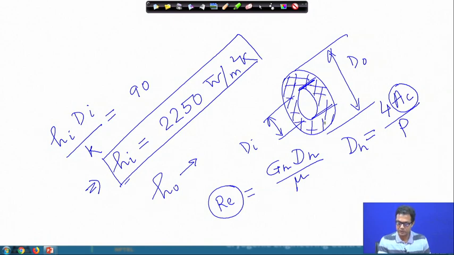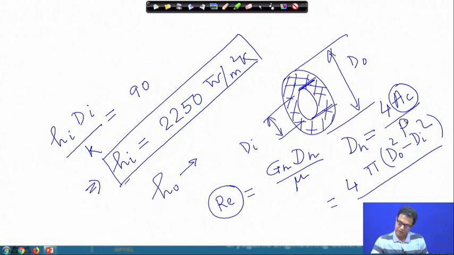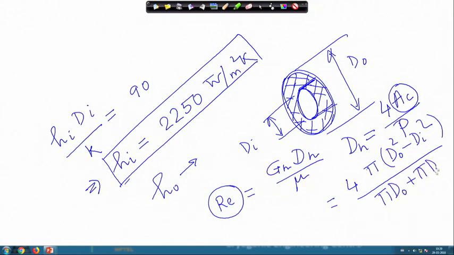So, this is 4 into pi by 4 into d0 square minus di square, divided by the wetted perimeter, which is pi d0 plus pi di.